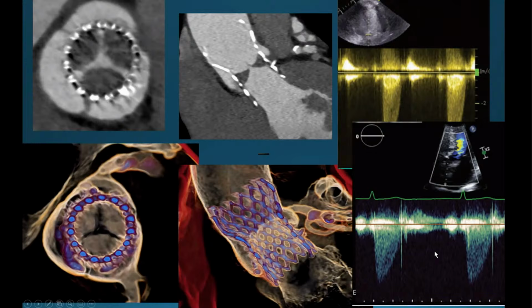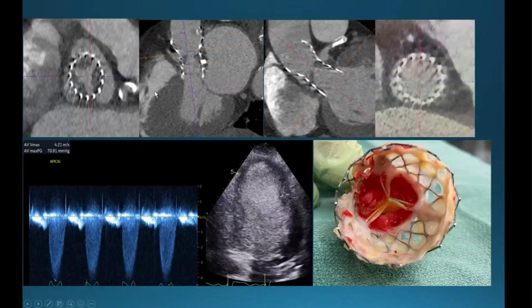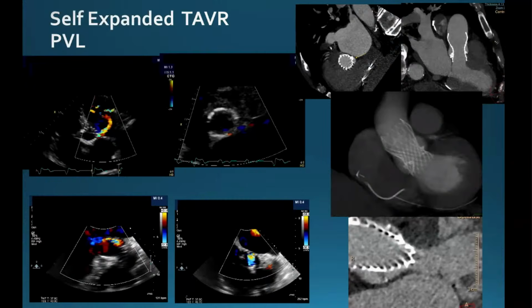Some patients are not as lucky. This is a lady who also had a severe degree of hall thrombosis, was in cardiogenic shock with a very high gradient, and this is a surgical specimen when she went to the OR and got explanted.